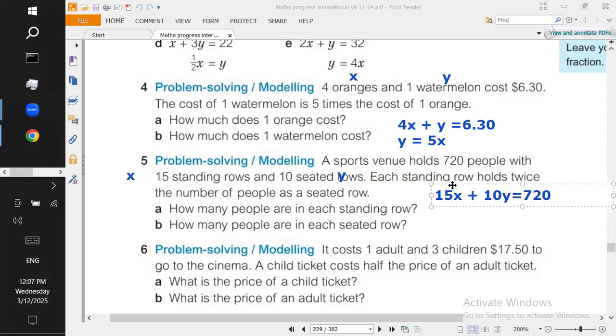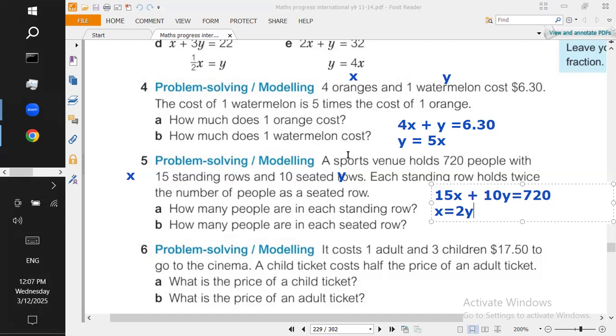Now, each standing row, which is the x, holds twice the number of people as a seated row. This means the x will equal twice the seated row, which is y.